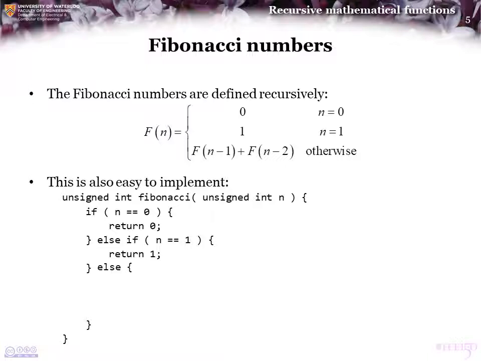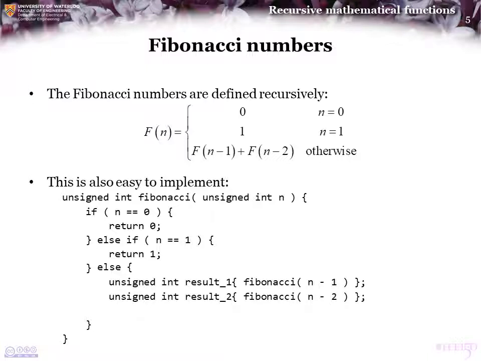Well, to calculate the Fibonacci number for a given n, we must calculate the Fibonacci number for n minus 1, and we must also calculate the Fibonacci number for n minus 2, and given these two results, we have to add them together. That is the value that must be returned.